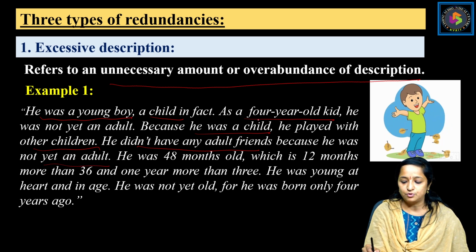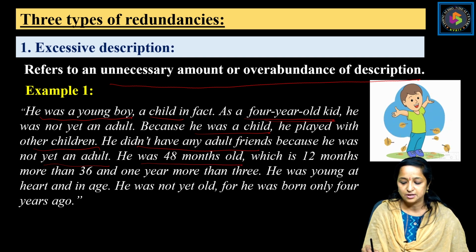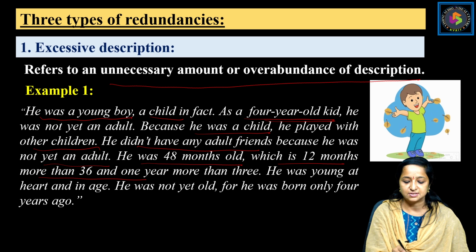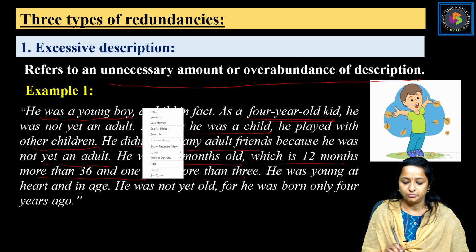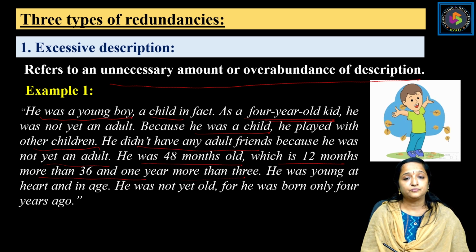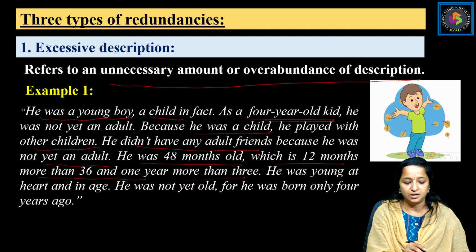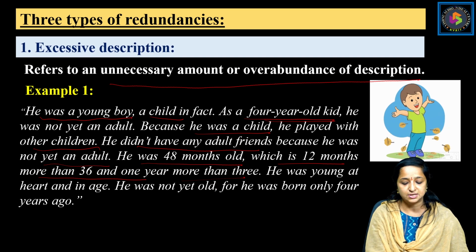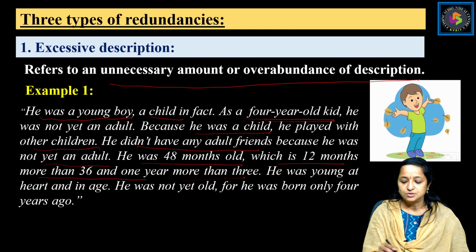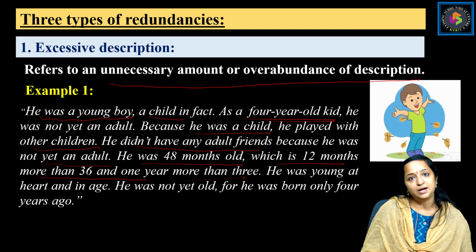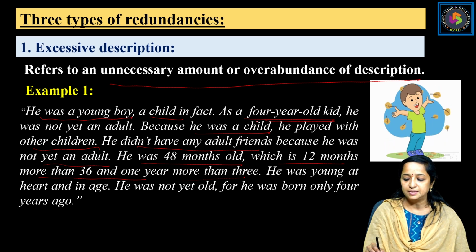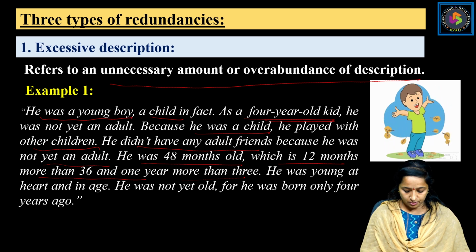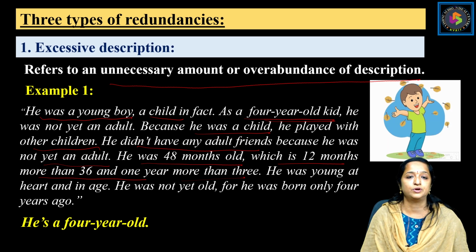And as he's a 4 years old kid, obviously he was 48 months old, that is 12 months more than 36, that is more than 3. These are all the repeated words: 48 months, 12 months more than 36, 1 year more than 3. These are all repetitive words which are unnecessary in the sentence. So simply we can say that he is 4 years old.